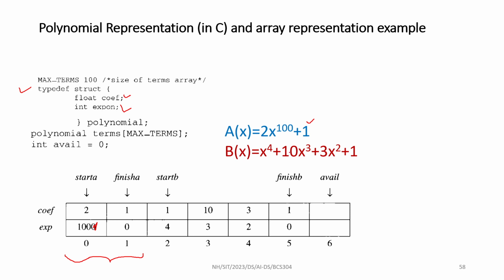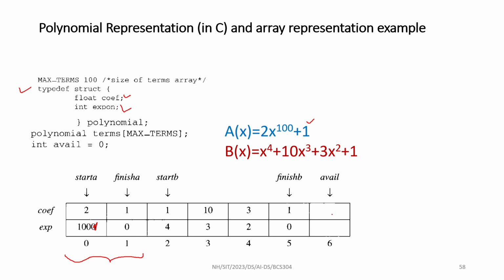x power 4 plus 10x cube plus 3x square plus 1. The first term x power 4, exponent is 4, coefficient is 1. Exponent is 3, coefficient is 10. Exponent is 2, coefficient is 3. Exponent is 0, coefficient is 1. So next place is available. This can be utilized to store the sum or product of two polynomials.